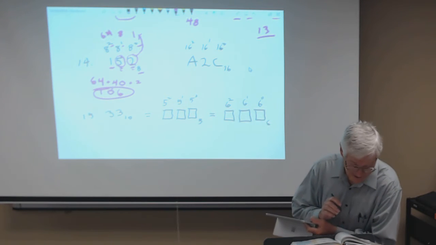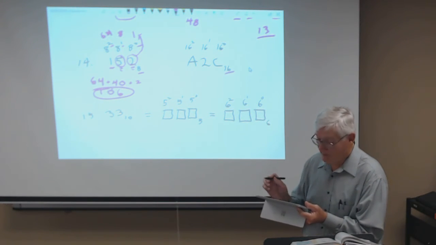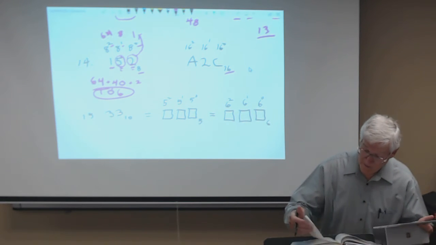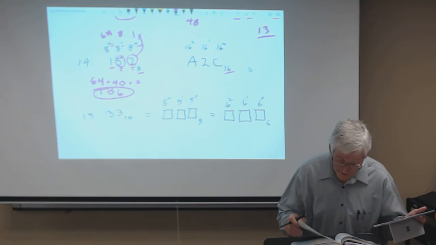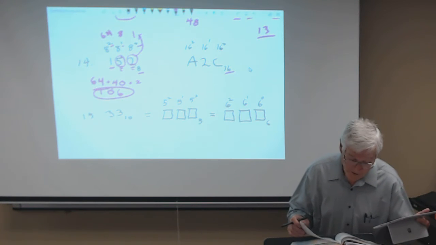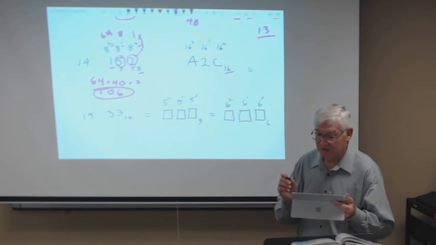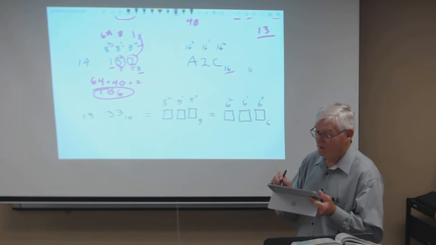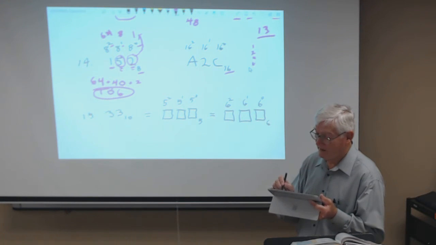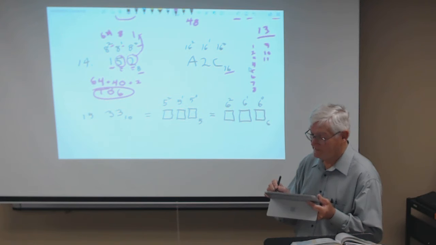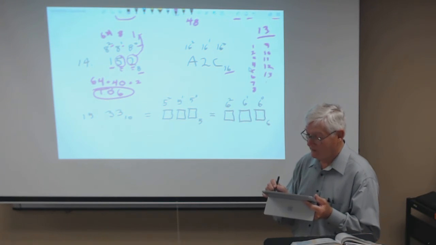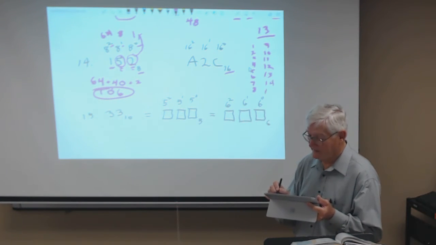Number 14B, base 16. Do they show you on that page what A and C stand for? Nope. So do you have it in your notes? Base 16 goes 1, 2, 3, 4, 5, 6, 7, 8, 9, 10, 11, 12, 13, 14, 15.